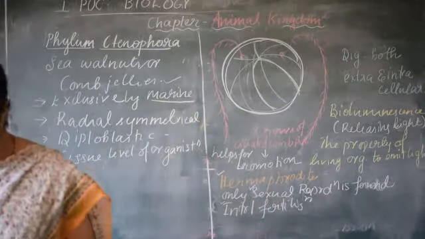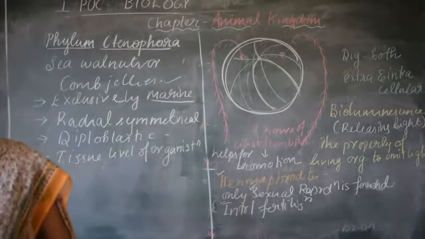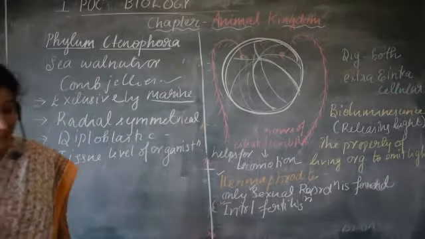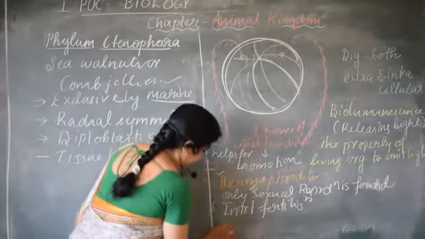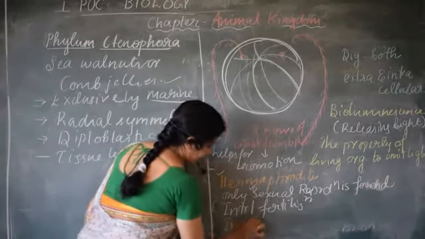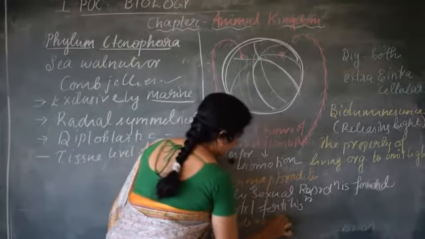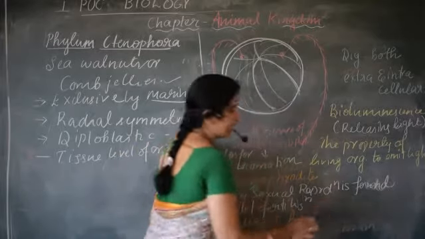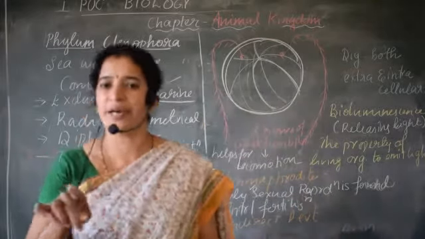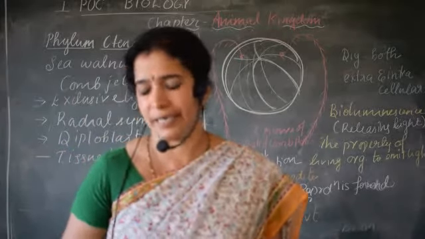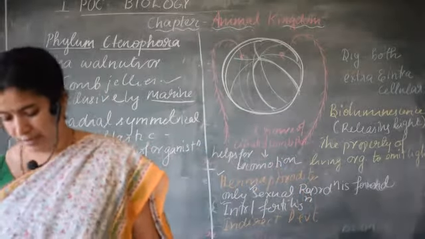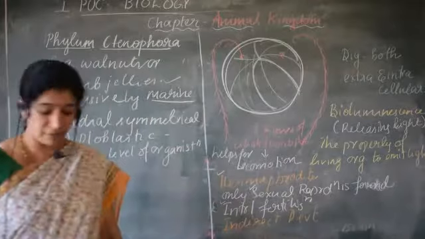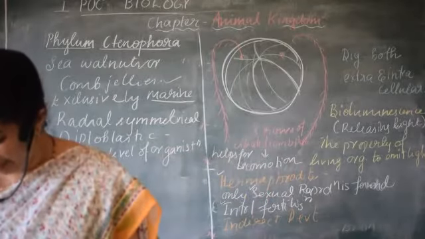So what about the development? Development is indirect, that means it has a larval stage. Before developing into an adult, it has a larval stage which does not resemble the adult. That is the meaning of indirect development.